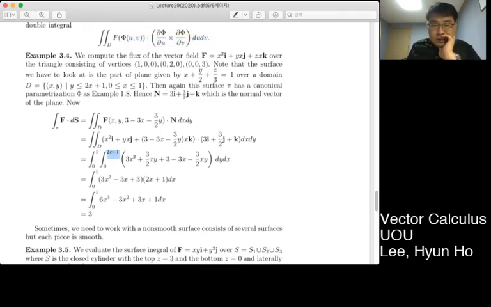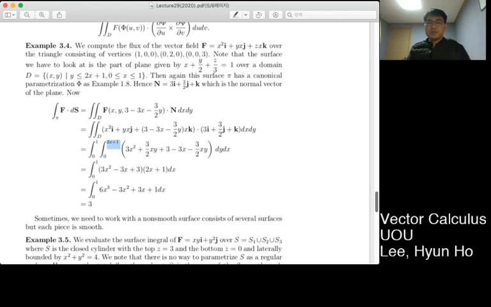So with 2 minus 2x, you just finish the calculation. I was wrong in the upper bound of y, and actually I was wrong about this domain. But I hope that you just fix it.